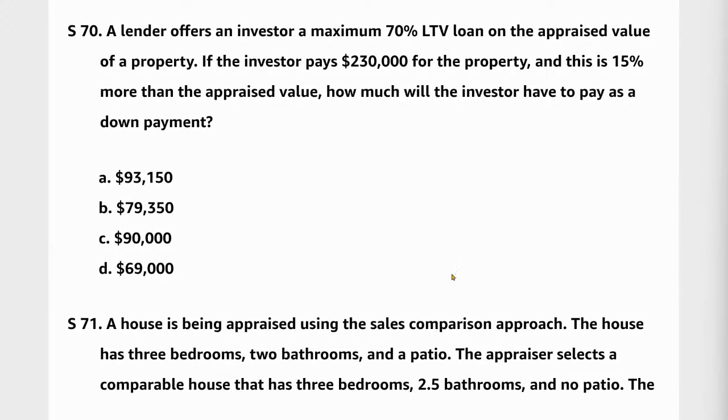No. 230,000 divided by 1.15 gives us a smaller amount, the appraised value, which is 200,000. So 70% of 200,000 is 140, so the lender is loaning 140. He's paying 230, so 230 minus 140 is 90,000.